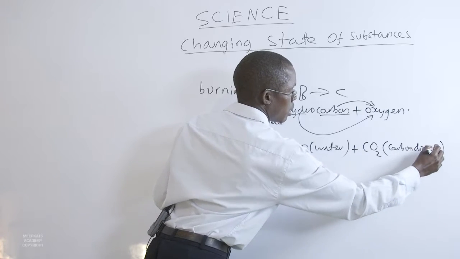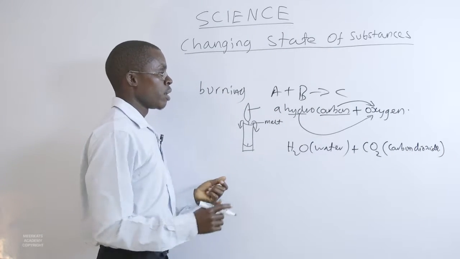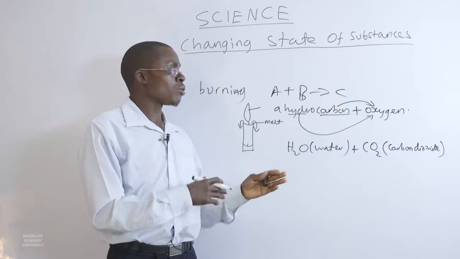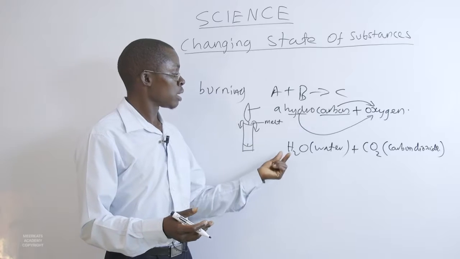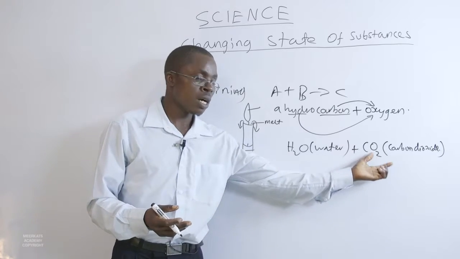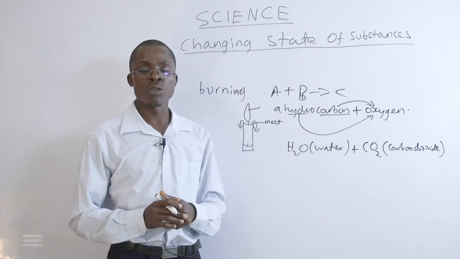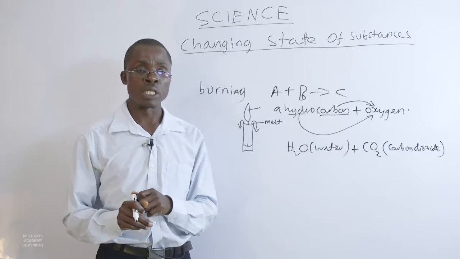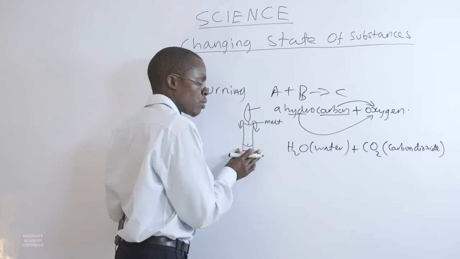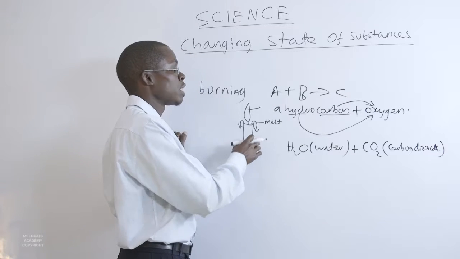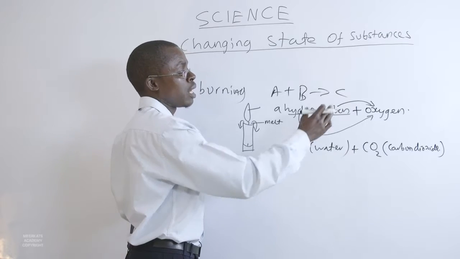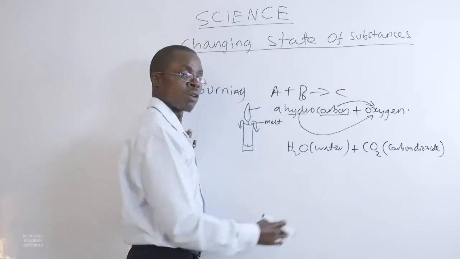So as you can see, the compound we had was carbon and hydrogen, but what we have at the end is hydrogen and oxygen, carbon and oxygen. Totally different substances. This is a chemical change. So part of this candle goes in the air as water vapor and as carbon dioxide.